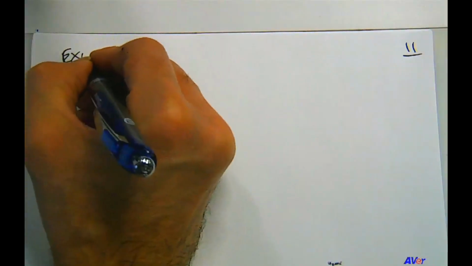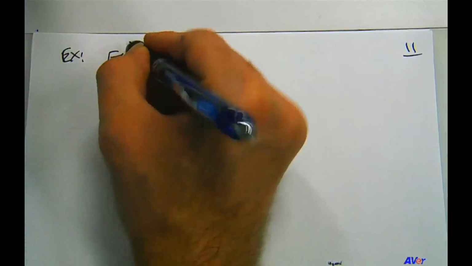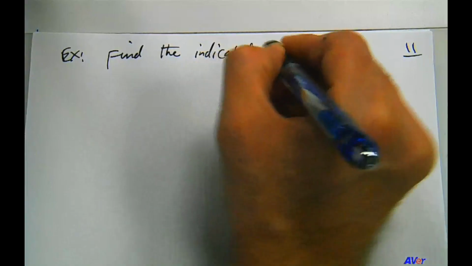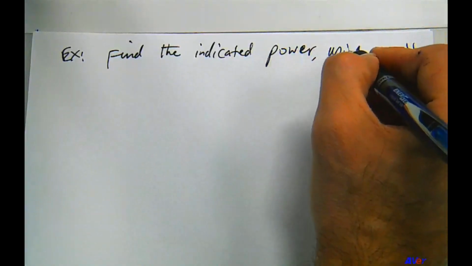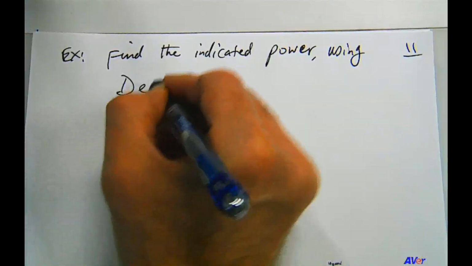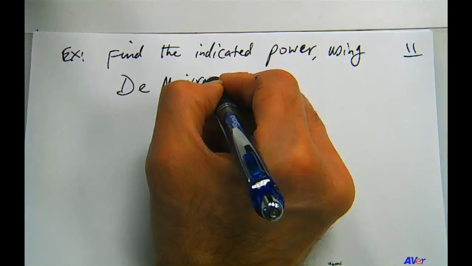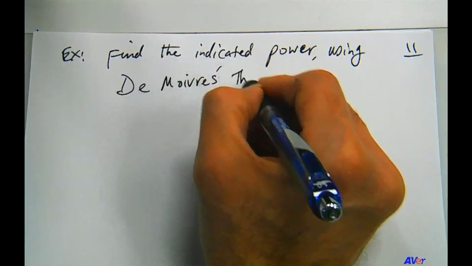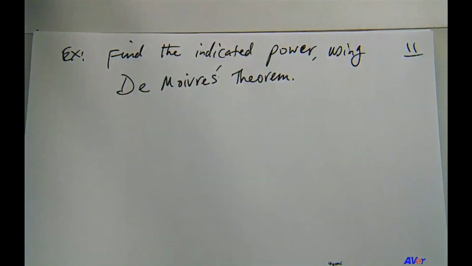So in this example, we want to find the indicated power using De Moivre's theorem.